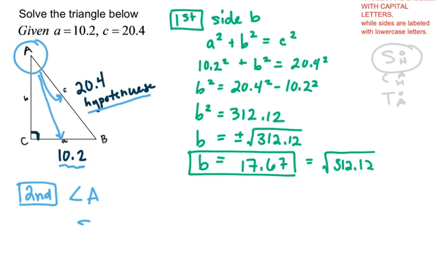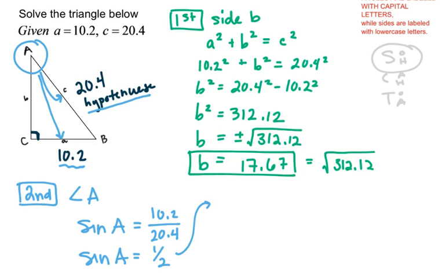So I would write here sine of A equals my opposite side, 10.2, divided by my hypotenuse, 20.4. Or rather, sine of A is 1/2. And because we have memorized some values, we know that occurs where A is equal to 30 degrees.